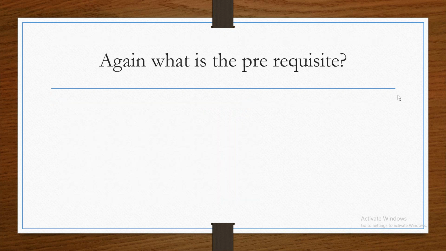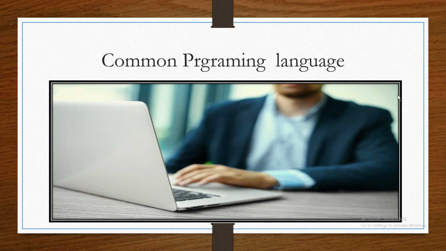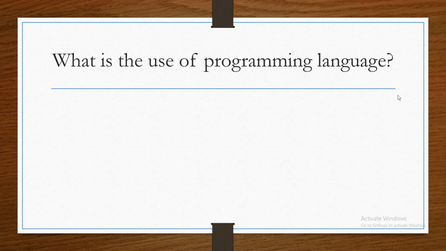So what is the prerequisite here? You should know the language the system understands. In that language only you have to communicate with the system, in that language only you have to give the commands. Please system, do this work for me. If you say it in the system understanding language, the system will work for you. So for that you have to learn the system understanding language, that we are calling a programming language.